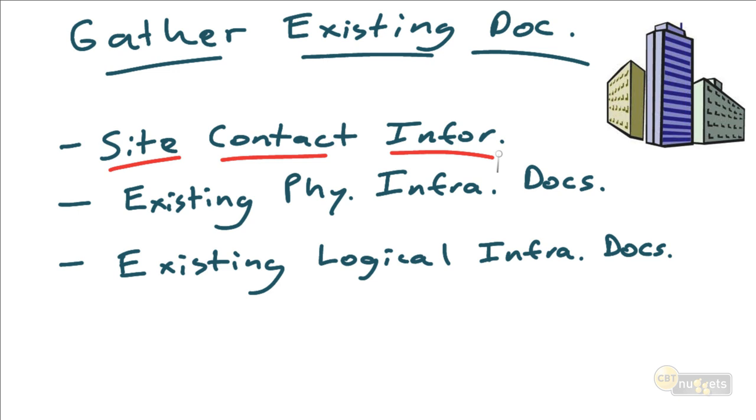You don't want to violate the security procedures of the organization as you're attempting to characterize that existing network, and also figure out exactly what the equipment locations are in those sites. You might have a large regional office, and it might not be all that straightforward of where the network equipment is actually located in that large regional office.